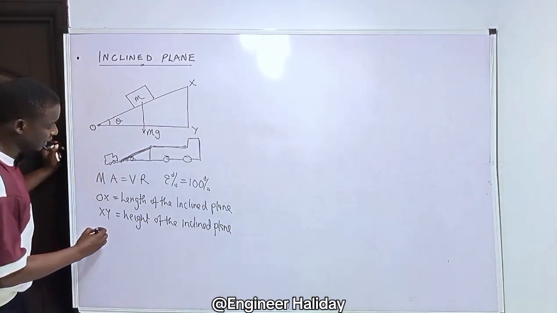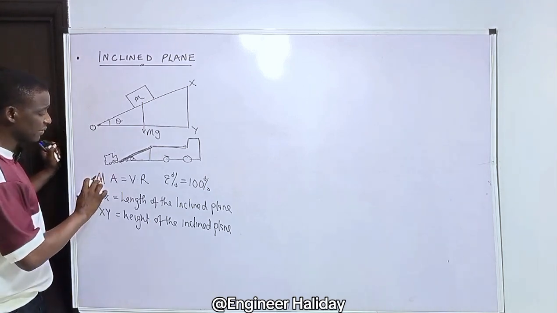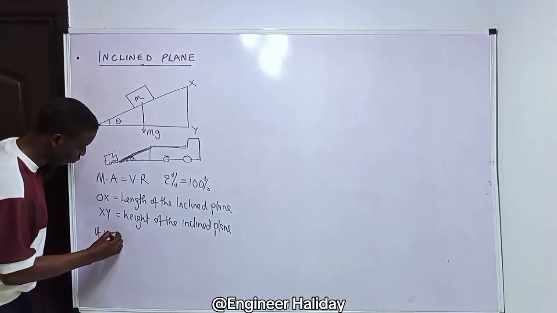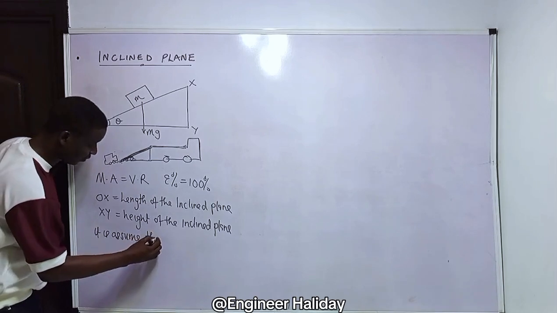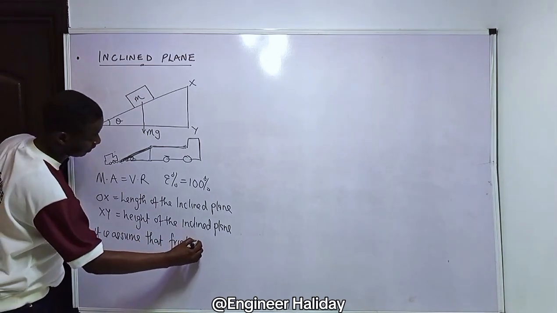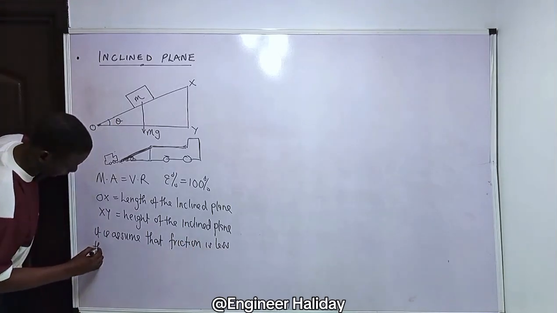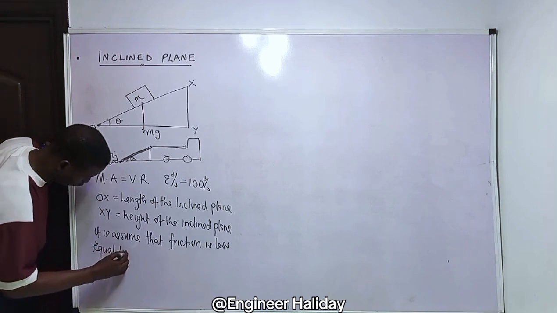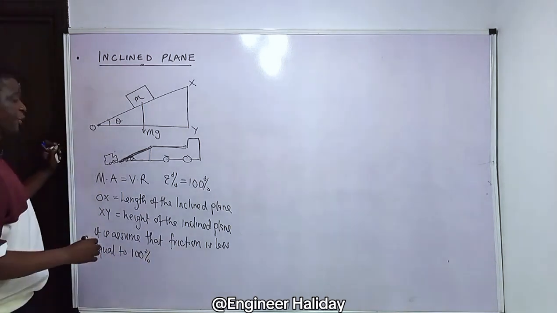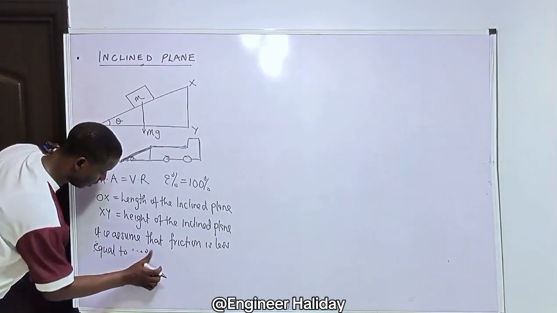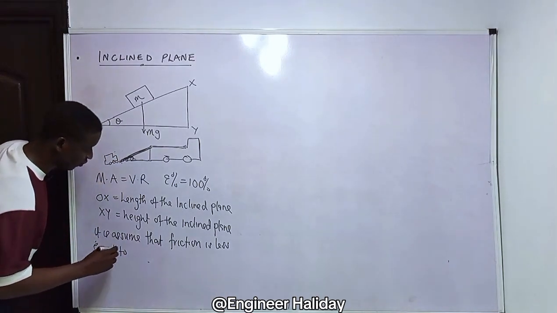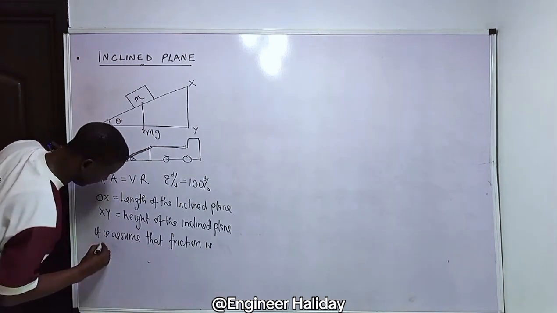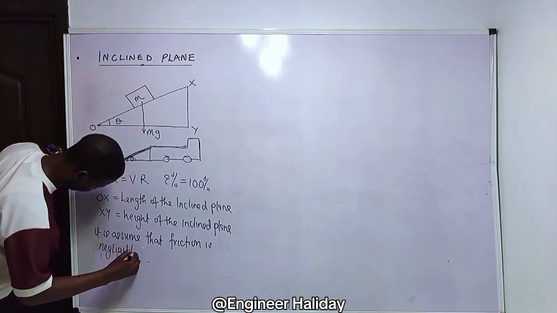Now, if you say MA equals VR when efficiency is 100%, that means it is assumed that friction is negligible.